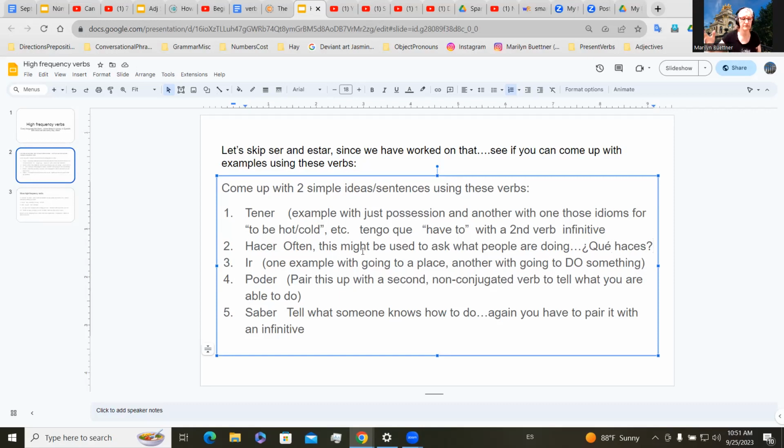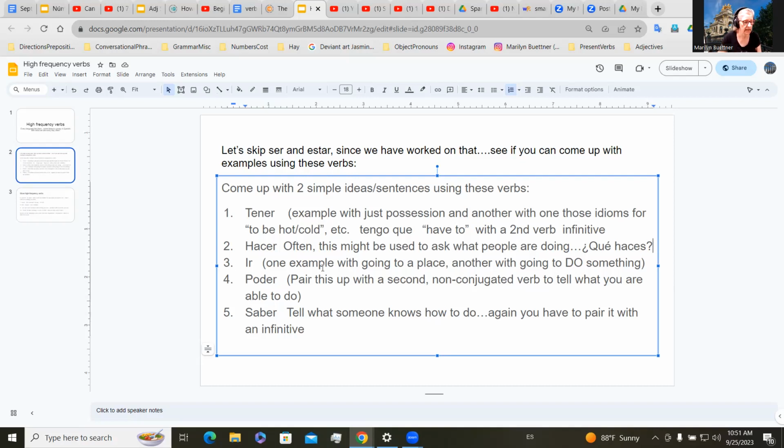¿Qué haces? often won't get answered with hacer necessarily, right? If I am cutting up veggies, I won't use hacer to answer. I'll use cortar for cutting up, right? ¿Qué haces? Corto las verduras. I'm cutting up the veggies. Eso es, ¿sí?